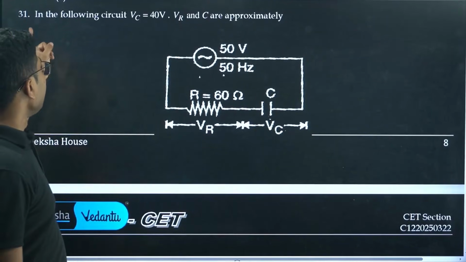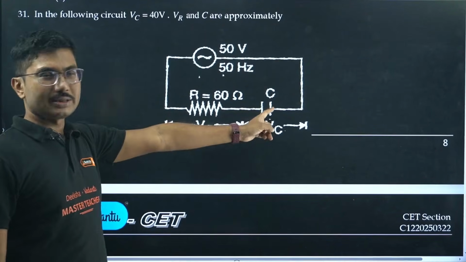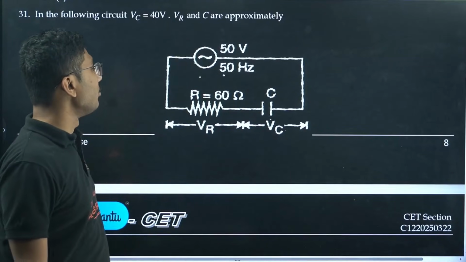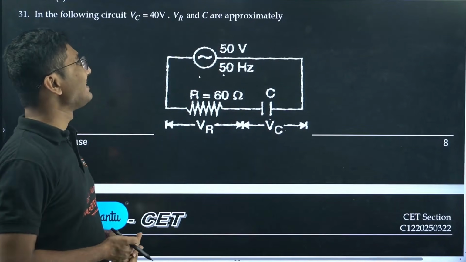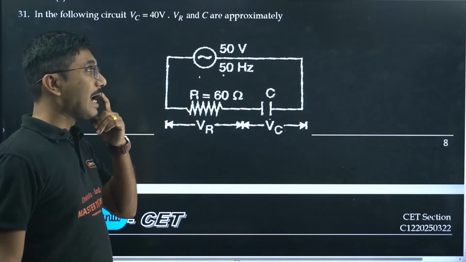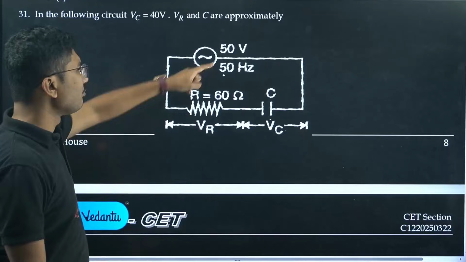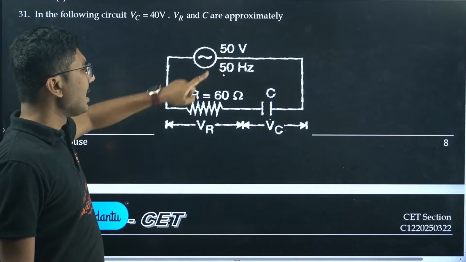In the following circuit, VC, the potential across the capacitance, is given as 40 volt. VR and C are approximately what? So you not only have to calculate VR, you also have to calculate VC as well. Total voltage is given, 50. Now how to solve it?